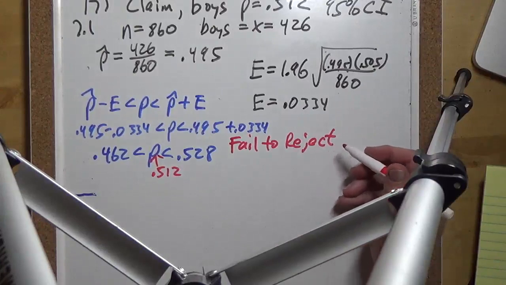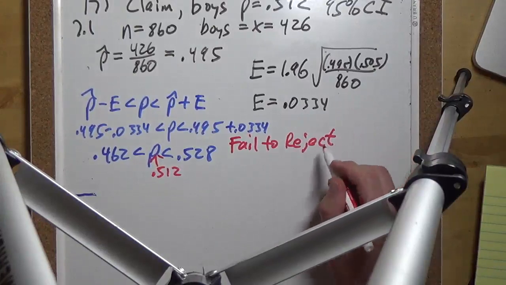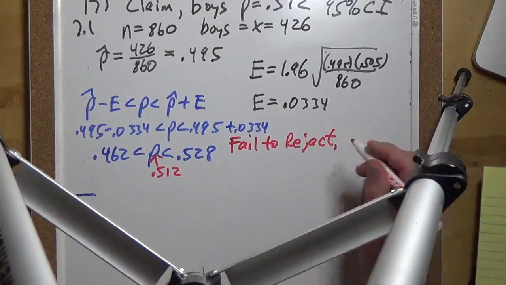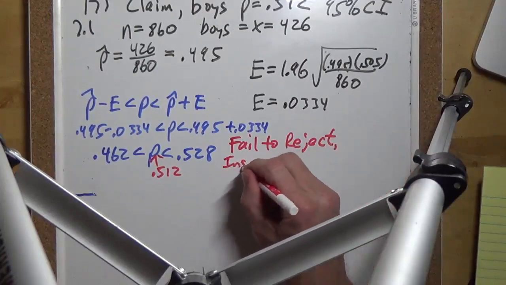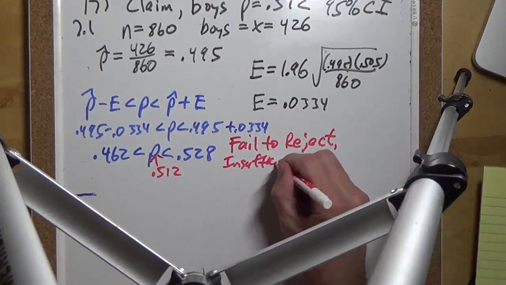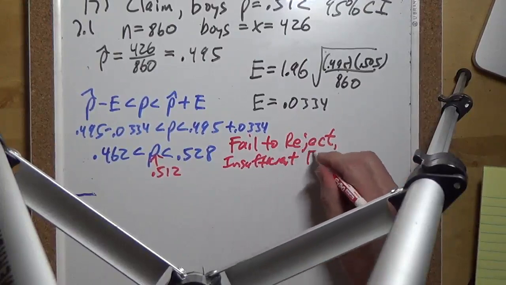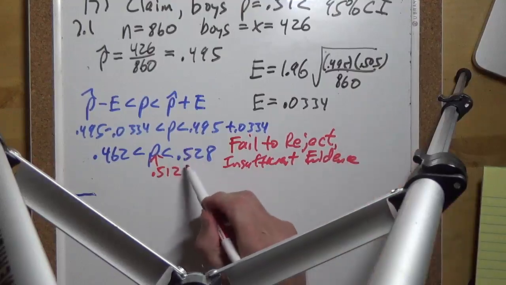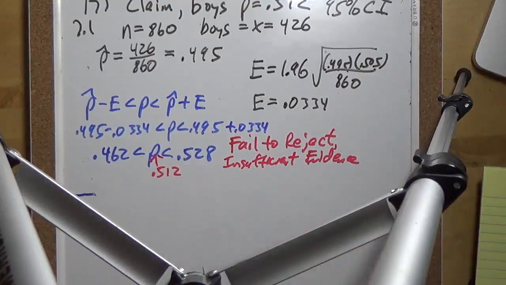We actually try to set up experiments so that we do reject something, but in this case we can't say much. Failed to reject, insufficient evidence. The true value of p could be in our confidence interval. So, that's a confidence interval one.